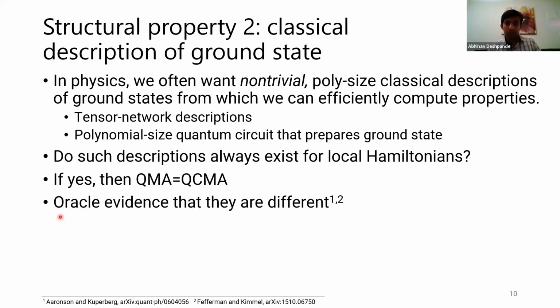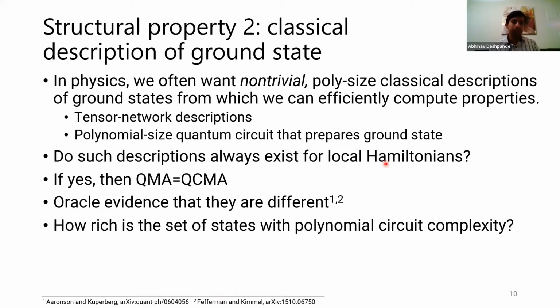We know that there's some oracle evidence that the two classes are different. So this is asking the question of how rich is this set of states with polynomial circuit complexity, and for example, whether it encompasses the set of ground states of local Hamiltonians.